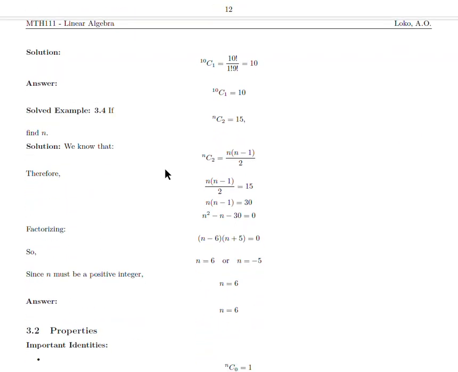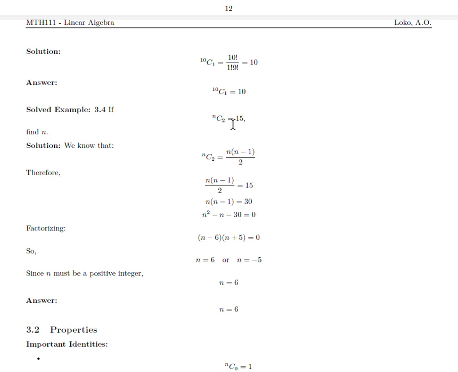Let's see this one. If n combination 2 is 15, find n. n combination 2 is n into n minus 1 into n minus 2 into n minus 3 into n minus 4.